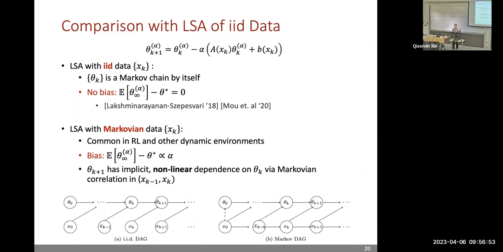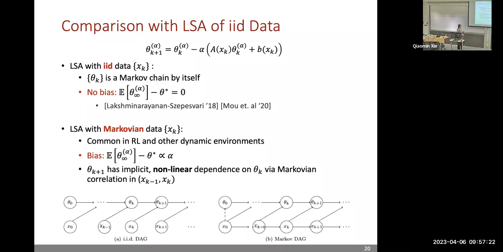So as long as you choose the step size properly, it is guaranteed to converge to the true parameter theta star you want to estimate. And that's actually what you expect if you use SGD for the quadratic or least squares problem, if the data truly are i.i.d. generated. So one main reason is that theta k+1 only depends linearly on theta k from the previous iterate.